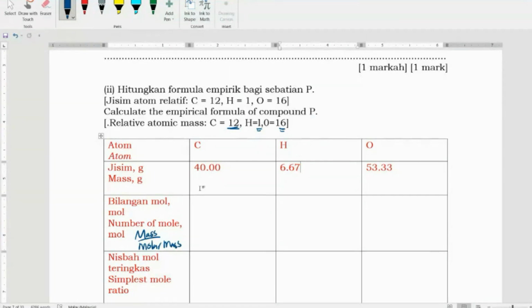Okay, have you calculated for carbon? What is the number of mole? Dawi, can you calculate or not?